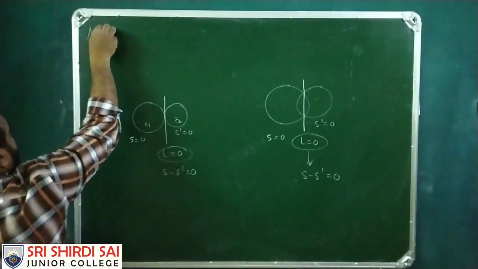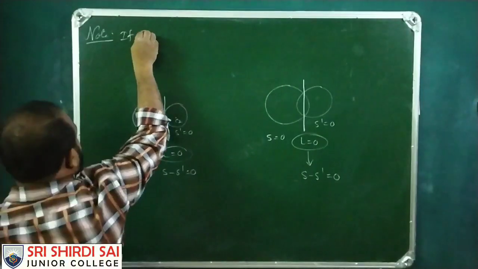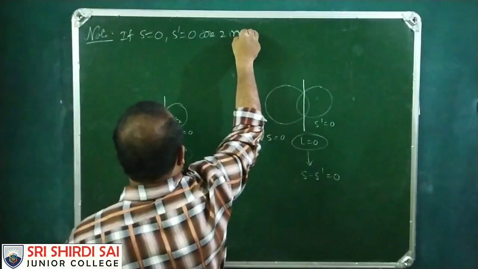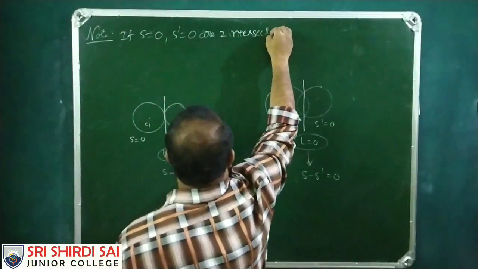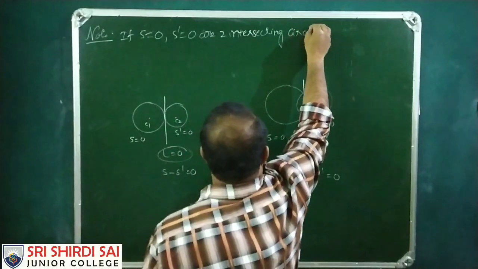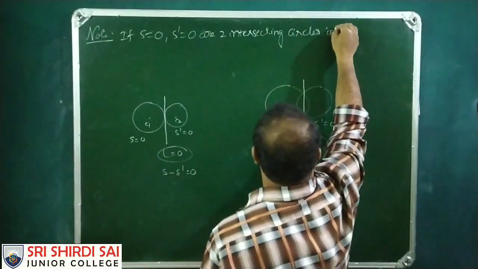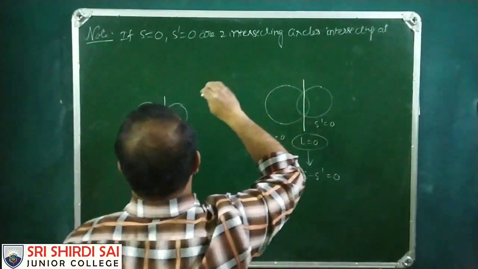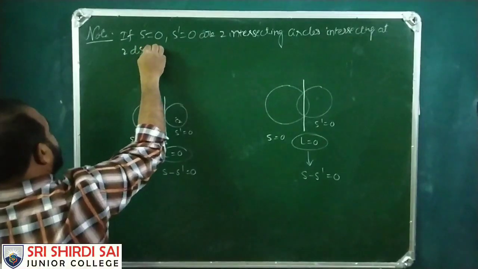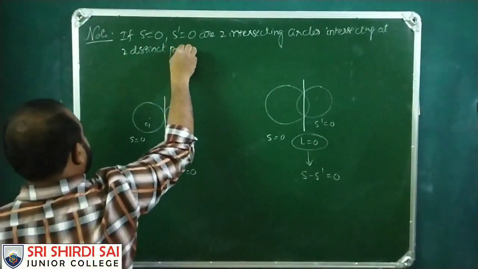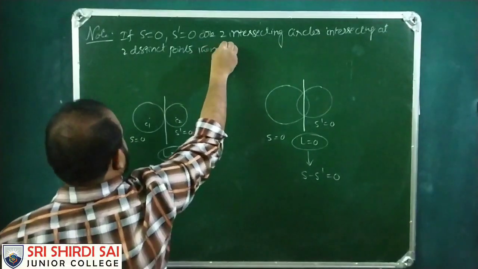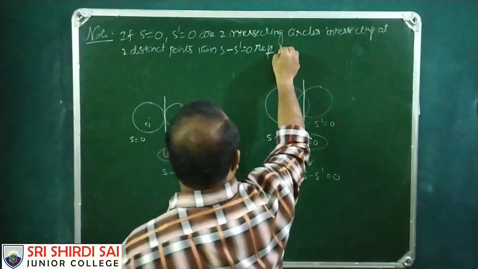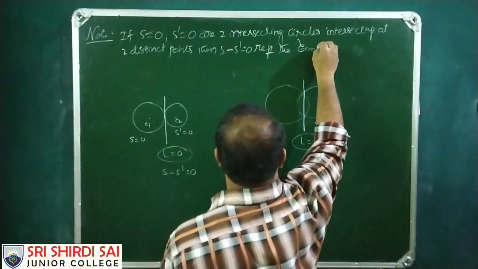So therefore, note is, if S equals 0, comma S dash equals 0 are two circles intersecting at two distinct points, then S minus S dash equals 0 represents the common chord.